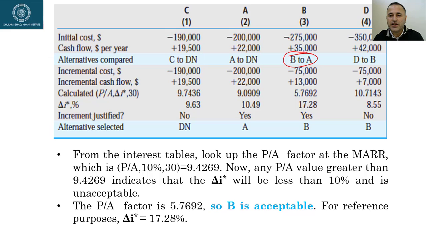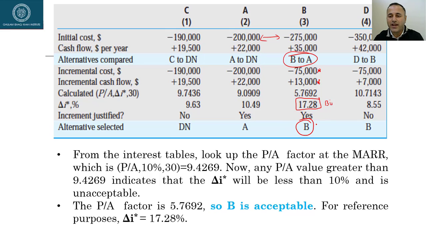The 75,000 is the difference between minus 275 and minus 200,000, and the difference between 35 and 22 is my incremental inflows. If I calculate the IRR, it is 17.28%. It means B is justified, so I choose B.